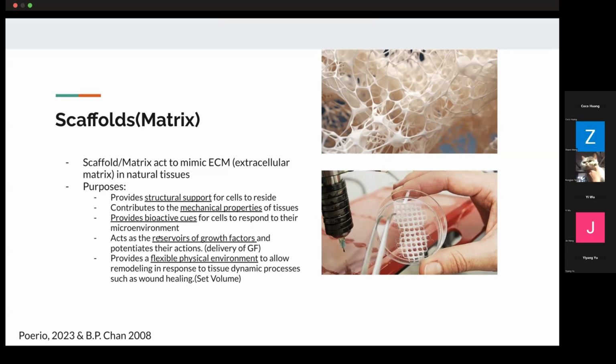So in these parts, ECMs usually act as reservoirs of growth factors, while scaffolds can usually deliver growth factors, and they don't have to act as reservoirs. They only have to be able to deliver these chemicals into the tissues that are growing. And lastly, ECMs are expected to have a flexible physical environment, and for our artificial scaffolds, we can simply set volumes for tissues to grow.